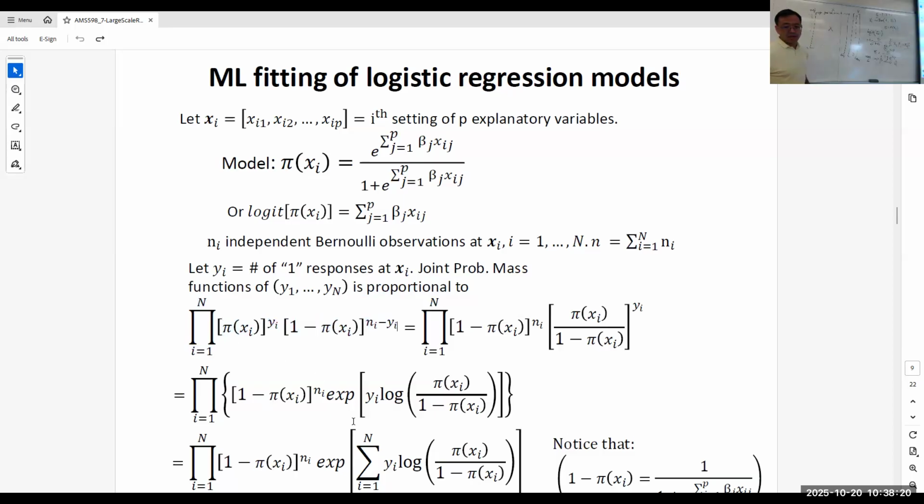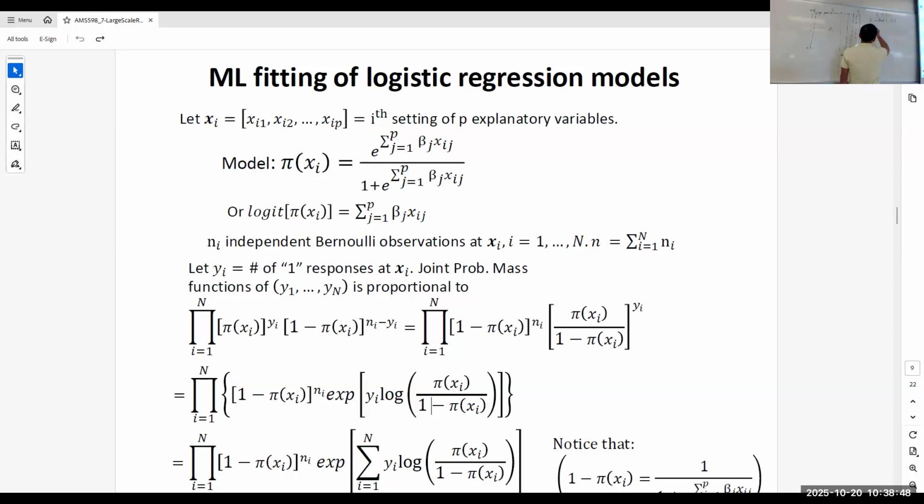Let me explain this density function a little bit, because you may feel it is kind of hard. That function essentially is the probability of yi.